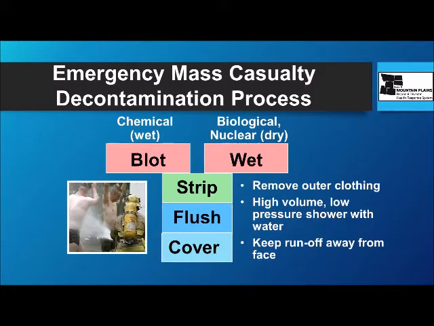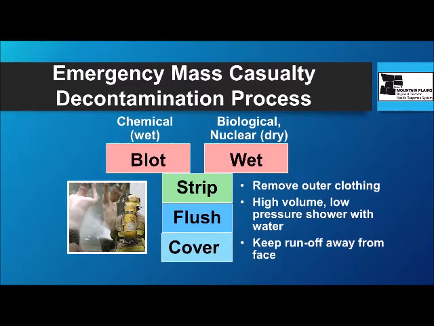The general process depends on whether or not an agent is a wet agent or a dry agent. Most of the chemical agents are wet, and so if there's obvious liquid on someone, typically that'll get blotted up. If, on the other hand, the material is a dry agent, very often you would then wet the patient to prevent that from aerosolizing and having them inhale it.